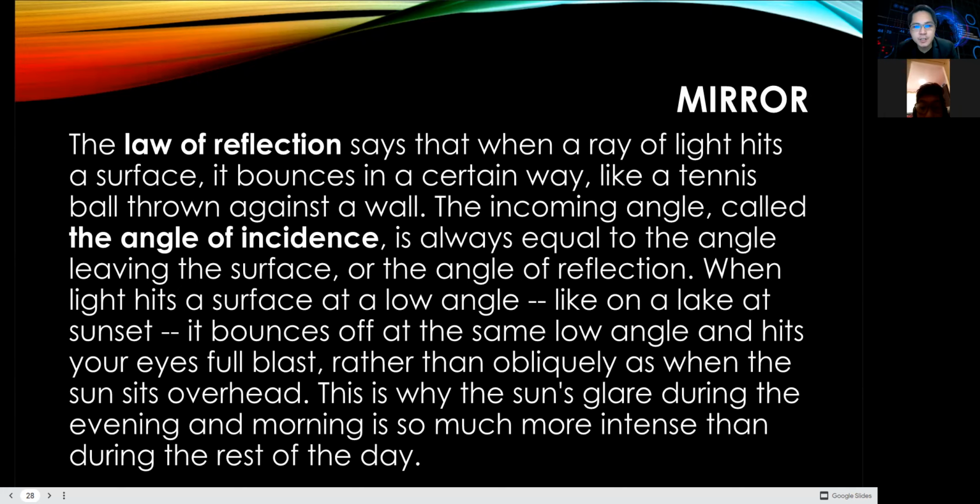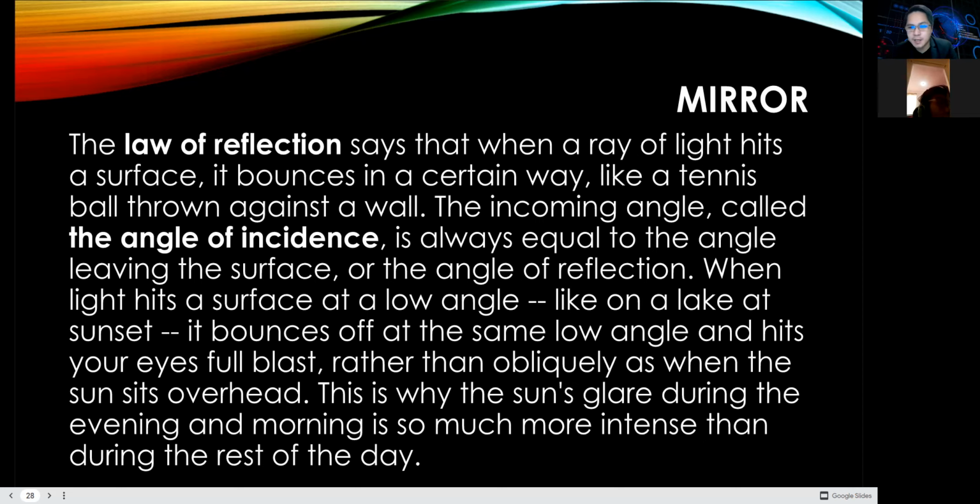When light hits the surface at a low angle, like on the lake at sunset, it bounces off at the same low angle and hits our eyes full blast rather than obliquely as when the sun sits overhead.